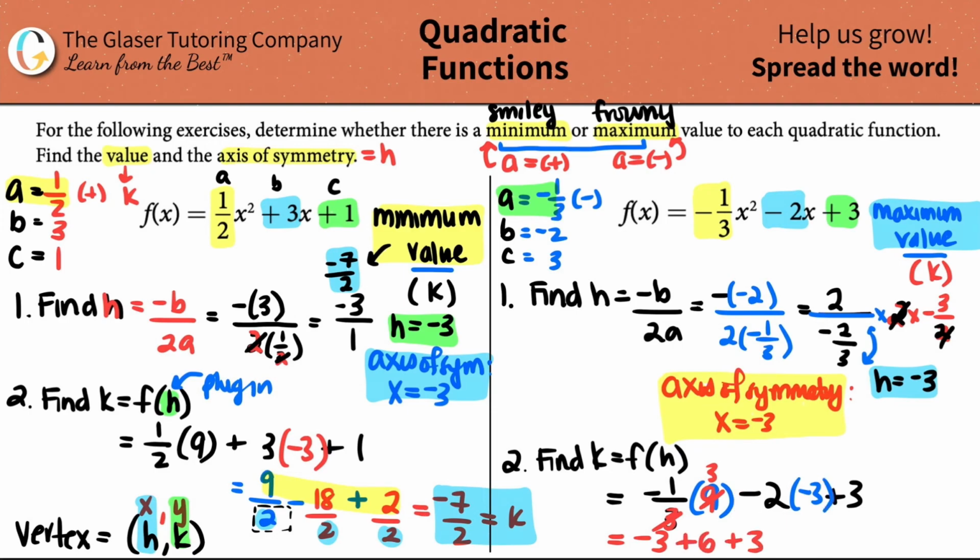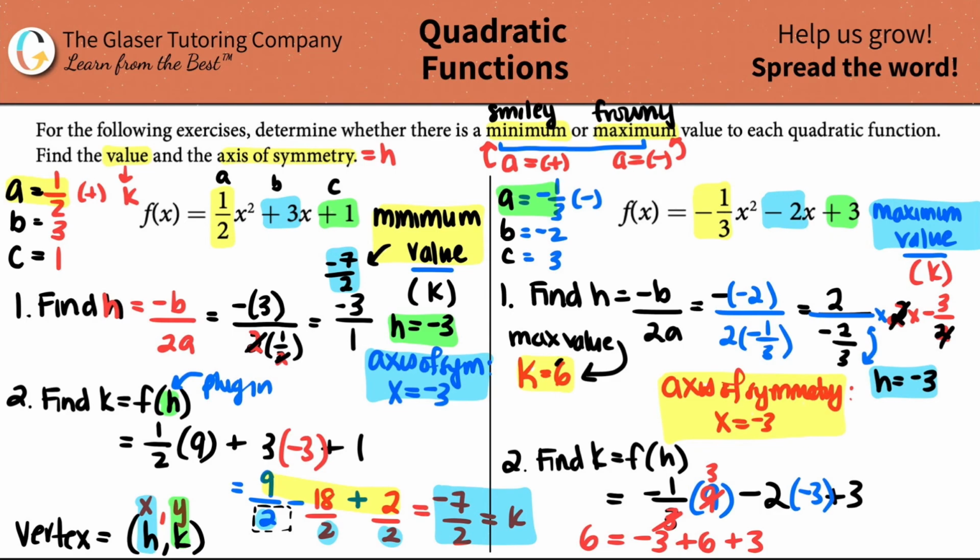This one is easy. There's no fractions here, thank goodness. So I can just do the math. Negative 3 plus 6 is a 3, and 3 plus 3 is a total of 6, right? So this would be my k value. I'm just going to put it up here. So k equals 6. And remember, that's my max value.